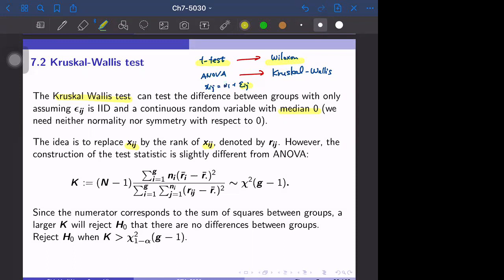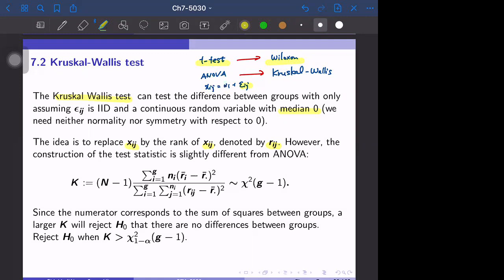So we lose some information by making it a rank, but it becomes more general and robust against different distributions. Suppose r_ij is the rank of x_ij, then the test statistic is here.